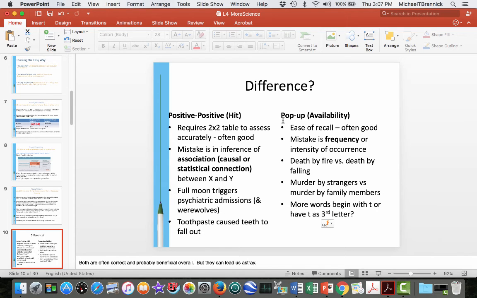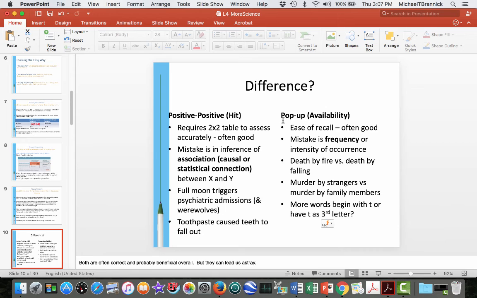So what's more common, murder by strangers or murder by family members? Well, you might think murder by strangers because that's what gets the news, but most people who murder each other know each other. Sadly enough, family members are the ones most likely to kill you. So be careful about picking your family.